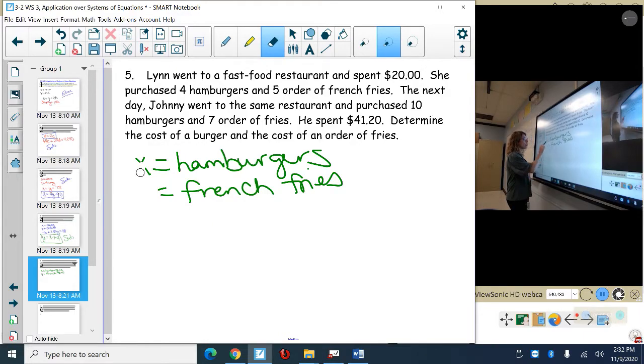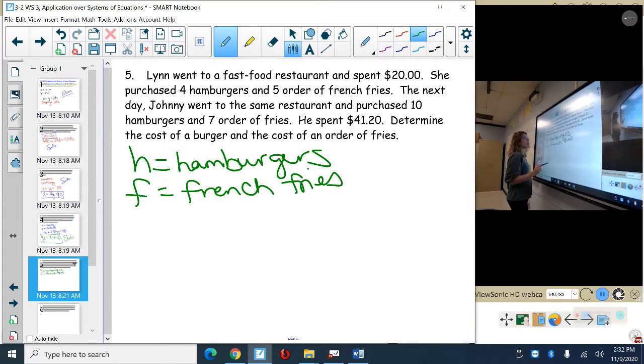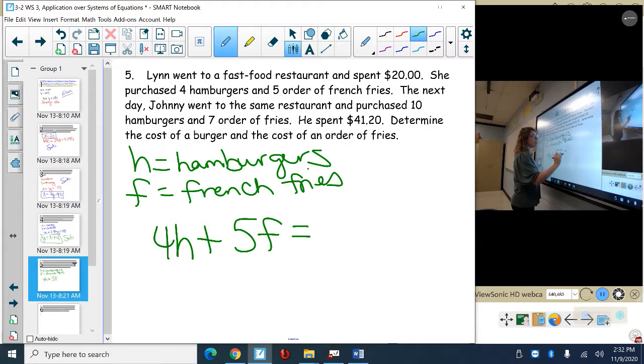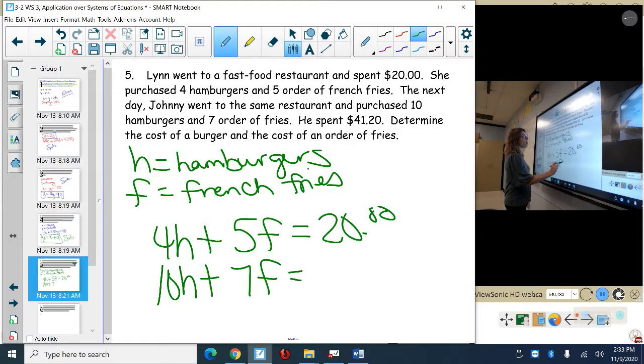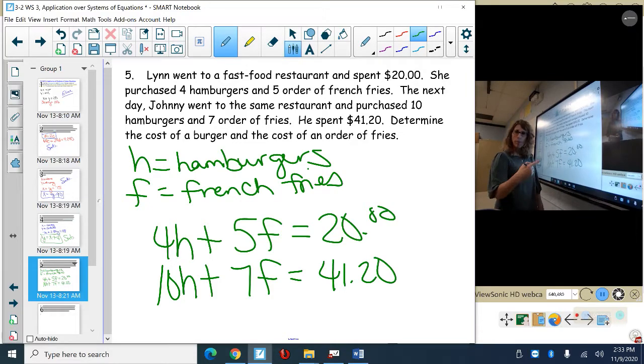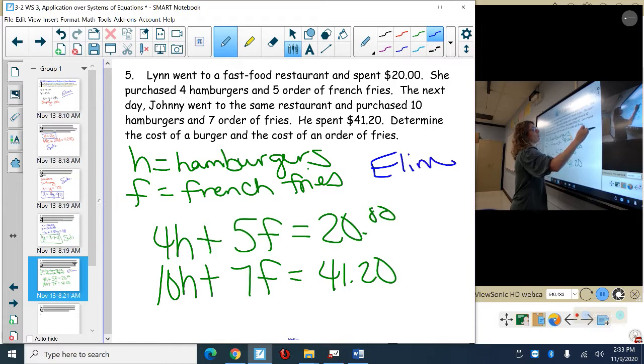I think it might actually be better for me to just say H and F. She ordered 4 hamburgers and 5 fries, and that had to equal a total of $20. The next day, Johnny went to the same restaurant, and he purchased 10 hamburgers and 7 orders of fries, and he spent $41.20. What method do you think you're going to use here? I would use elimination.